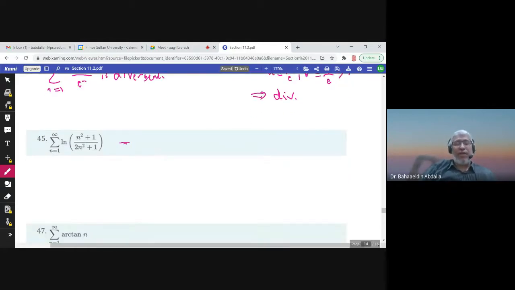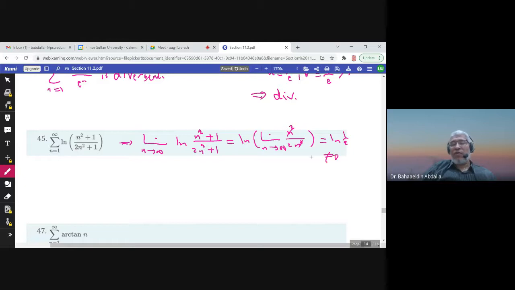Let us find here the limit of ln of n squared plus 1 over 2n squared plus 1. We learned that we can take the limit inside the ln, and then I take the two highest power terms. So it's half, so it's ln half. And ln half is not equal to 0.